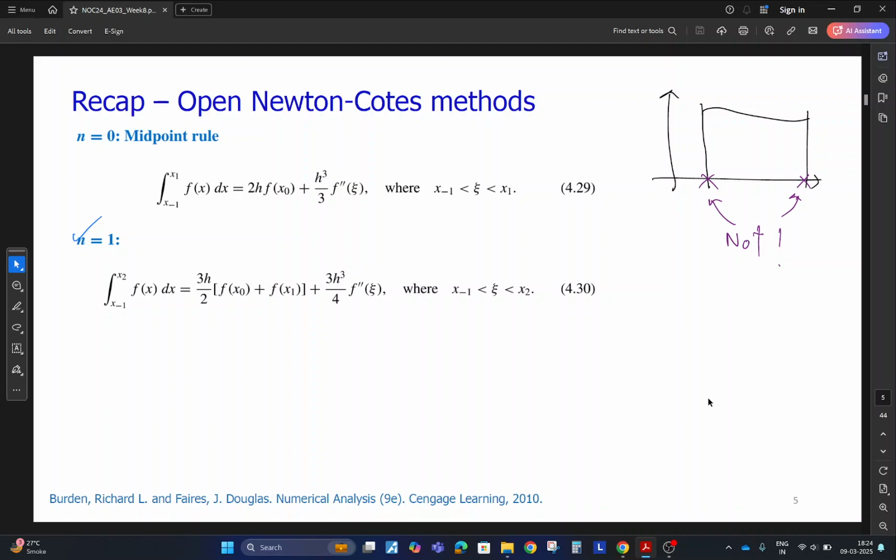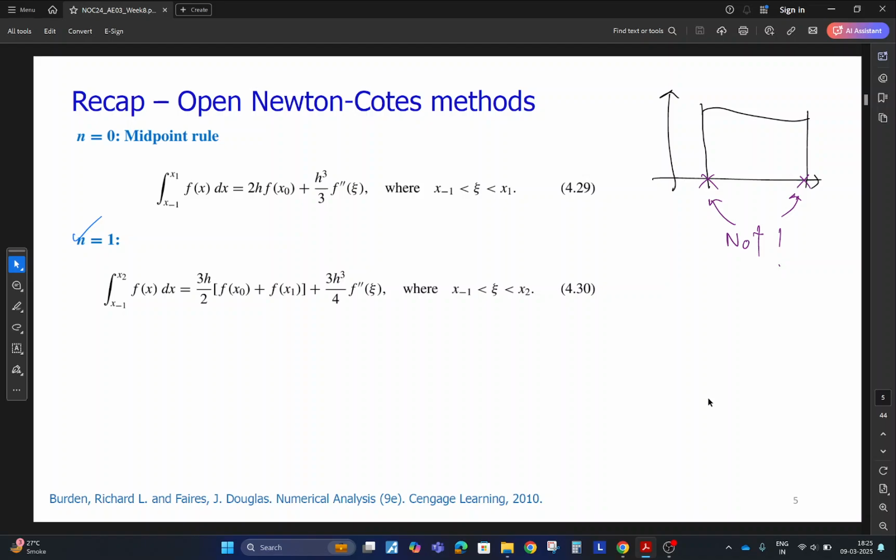When n is equal to 0, the generalized open Newton Cotes method formula takes on the form of the midpoint rule. Integral x minus 1 to x1 f(x) dx is equal to twice h f at x0 plus h cube by 3 f double prime at xi, where x minus 1 is less than xi less than x1.